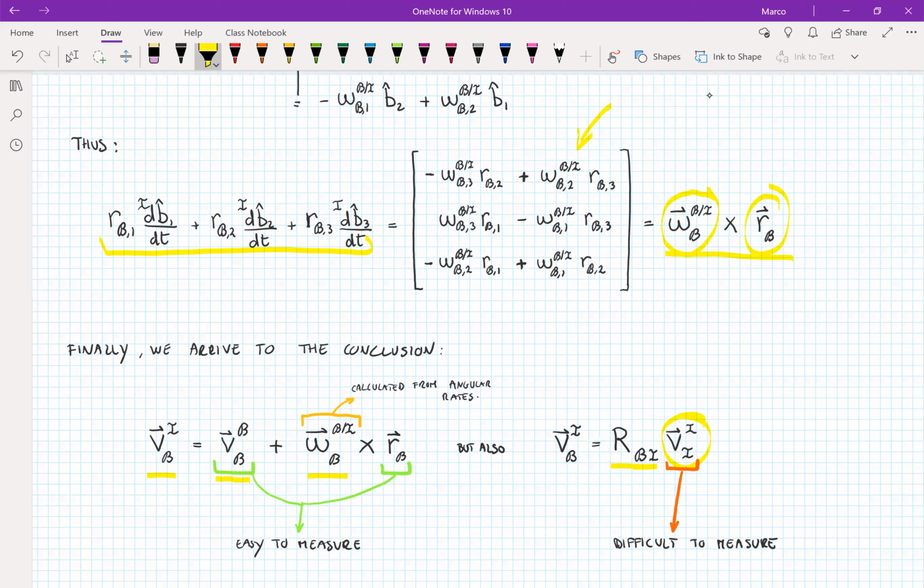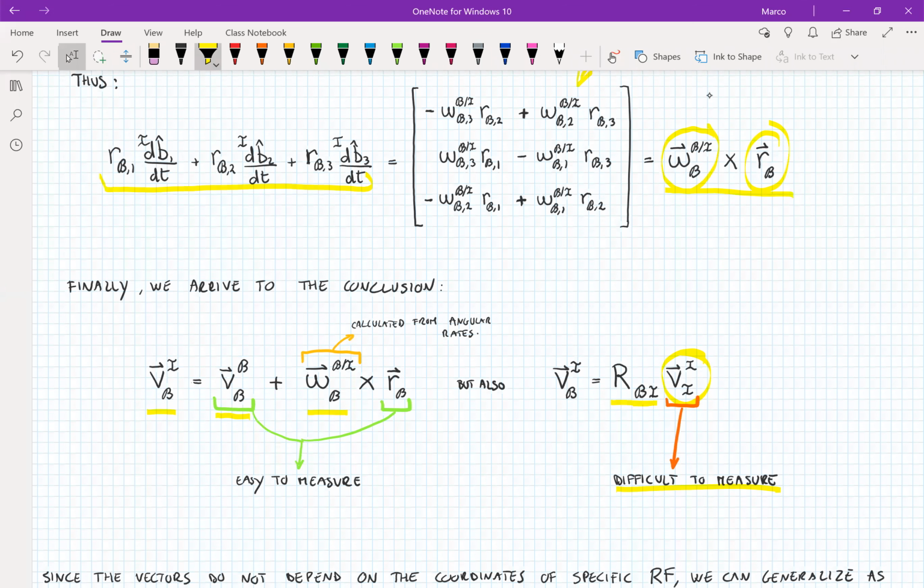The only thing is that, as I said, the inertial velocity in the I coordinates is difficult to get. It's much easier in general to measure the non-inertial velocity in the b coordinates and the position vector in the b coordinates, and therefore to find vbi, the inertial velocity in the b coordinates, in this way.